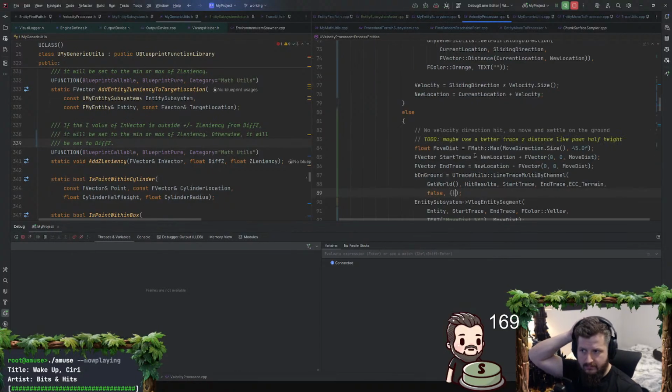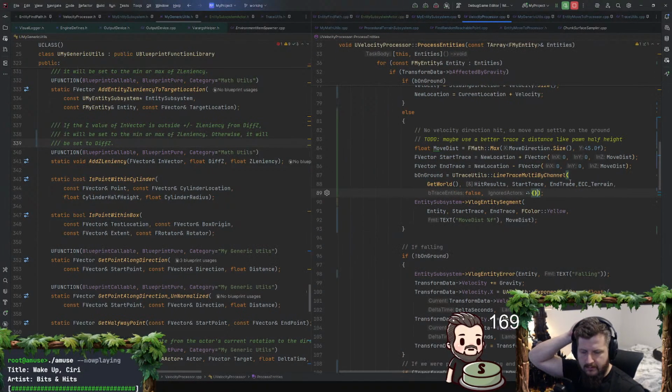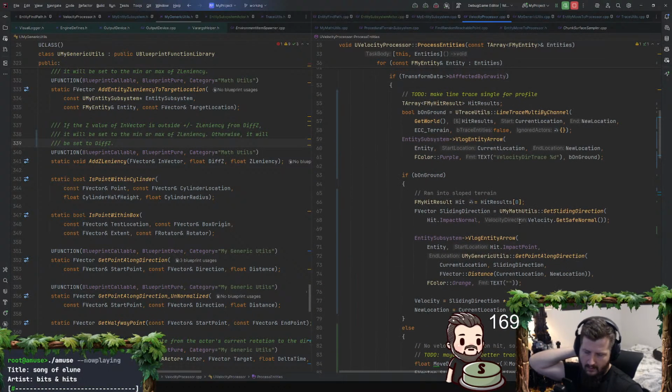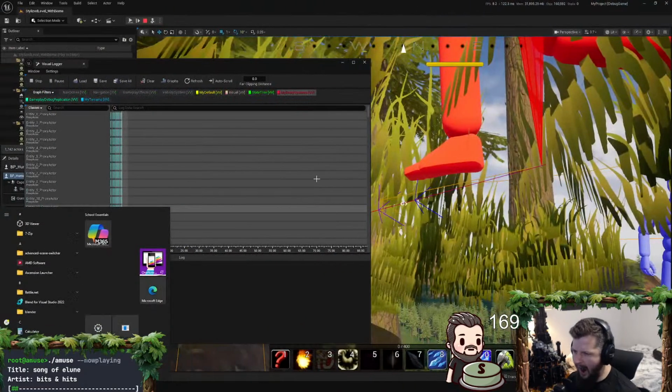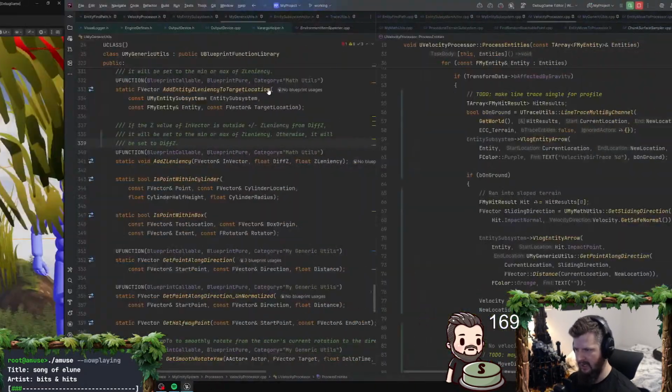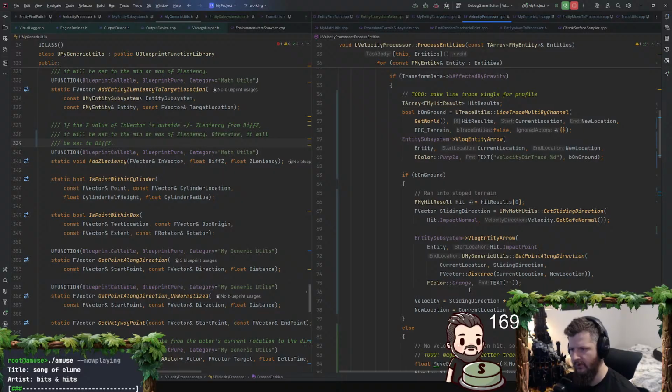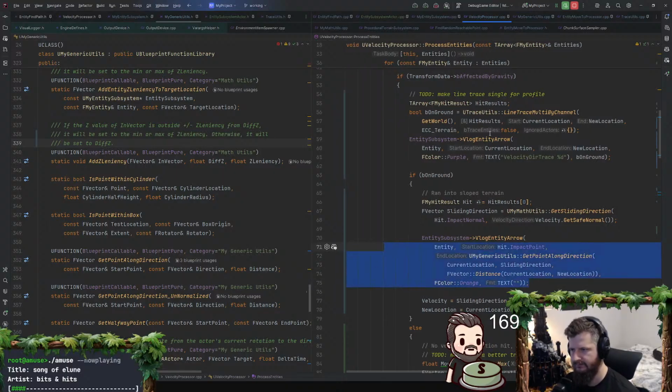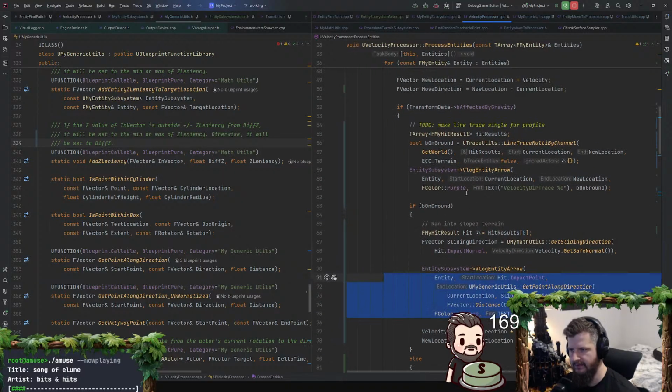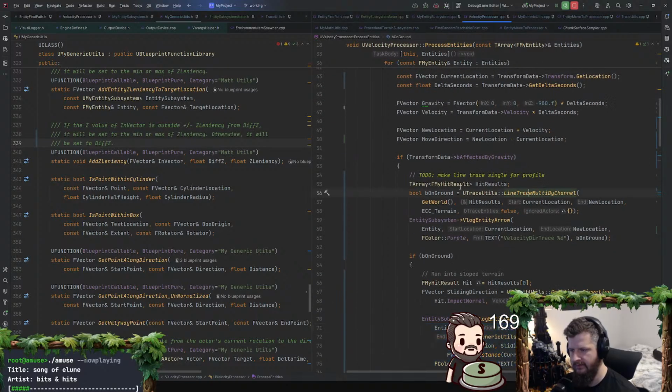Okay, what am I doing? So we're logging purple and orange. So we've gotten here, which means our trace, which is current location to new location, hits something.